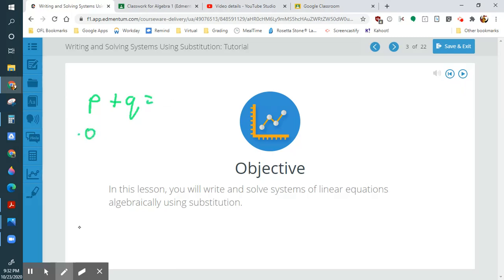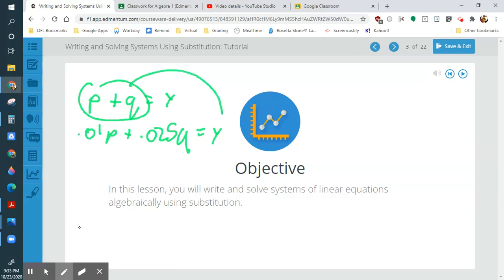And so the P was a penny, and then we had a quarter. So if we're doing this, we could substitute, let's say this was equal to y. We can substitute this equation, since they're both equal to y, into this other y. Since they're both equal to y, we just plug it in and then solve for it.